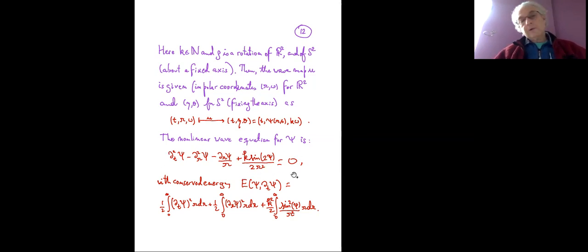So this is the corotational, the k equivariant version of the wave map equation. The case when k equals 1 is sometimes called the corotational wave maps.